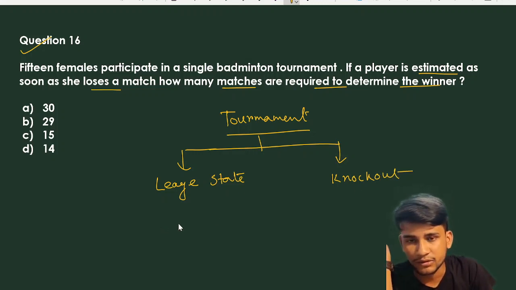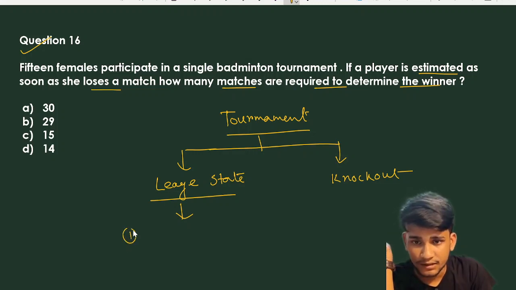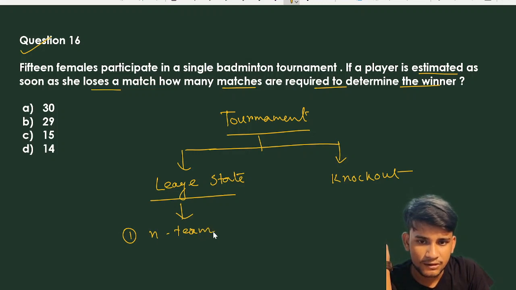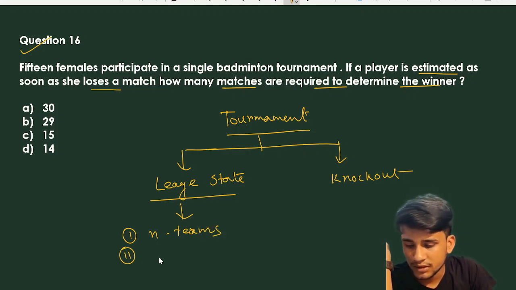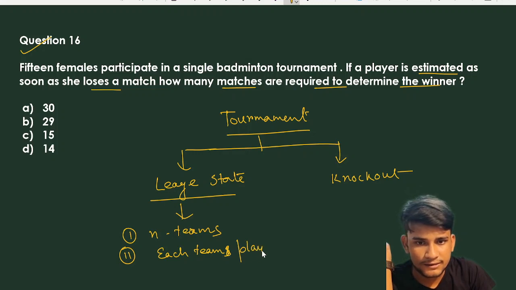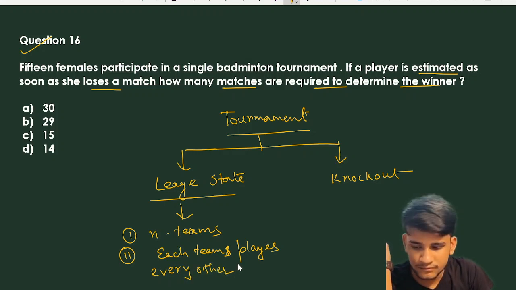In the league stage, number one, there are n teams, and number two, each team plays every other team once.